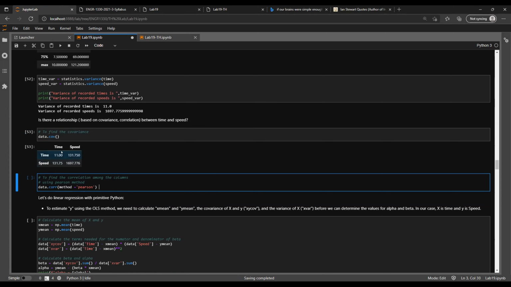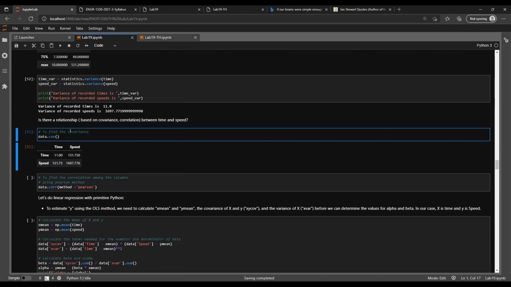So, interesting. Do these two numbers here look kind of familiar? We're talking again about covariances, which you can consider the same kind of thing as a variance. It's a unitless numerical measurement.